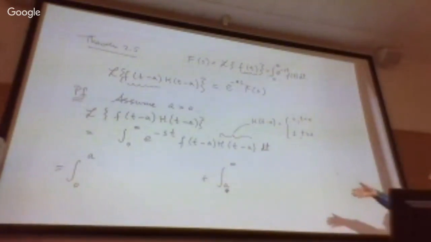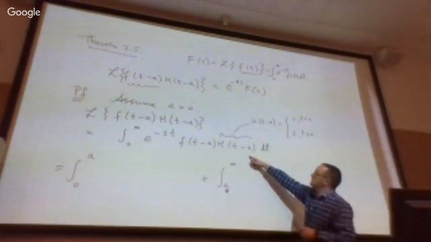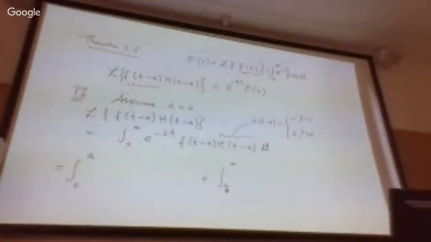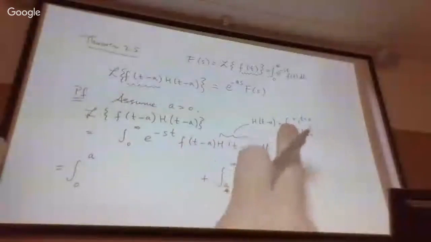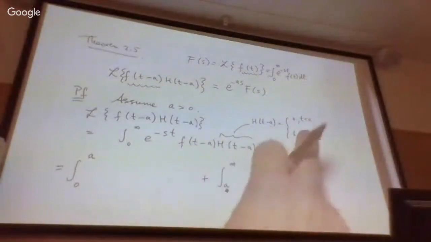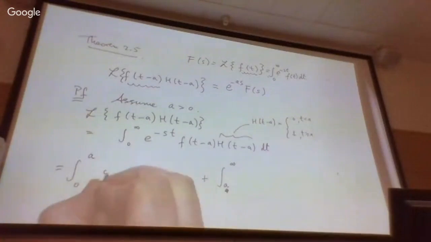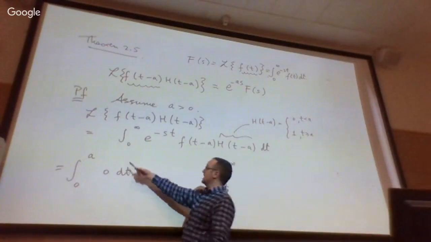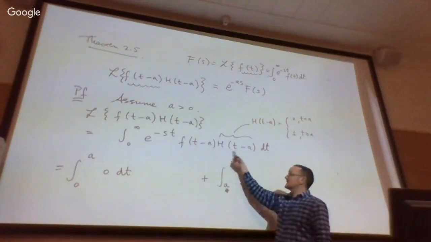So here we're splitting at a because this function has two types of behavior, to the left of a and to the right of a. To the left of a, this factor h of t minus a is 0. That's all you really need to know for this part of the integral from 0 to a. It's like a killing factor.